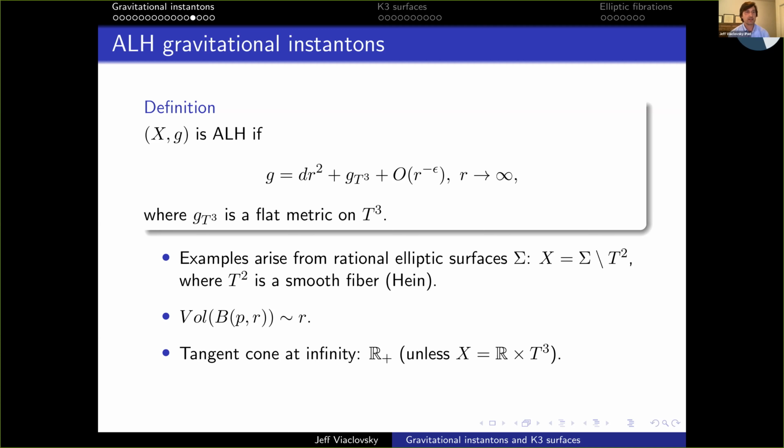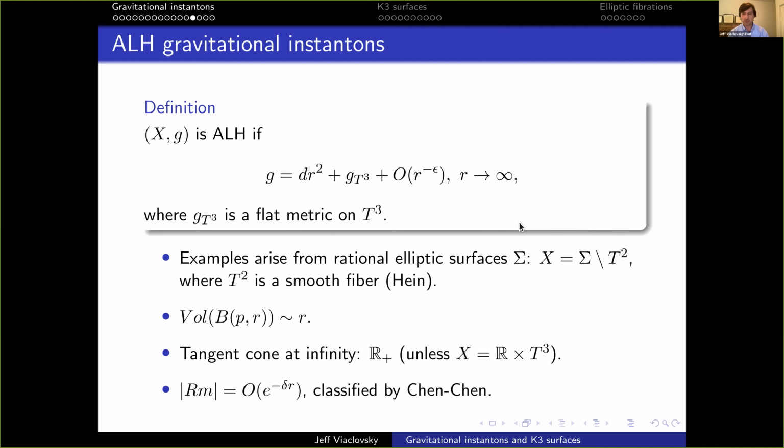The tangent cone at infinity is R plus, unless you're in the splitting case where you just have R times T3, in which case the tangent cone is R. Now Chen proved that the curvature decay of these is exponential, so that is strictly better than quadratic. These fall under the classification of Chen. So these are all of the examples.